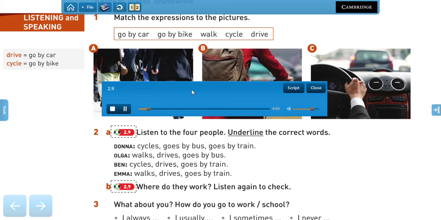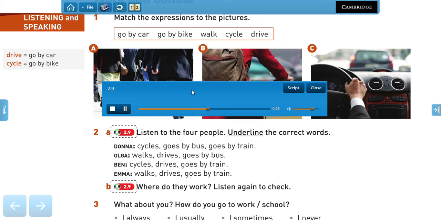Donna. I usually cycle to work. If the weather's bad, I go by bus. Sometimes I go by underground, but it's expensive. Olga. I live near my office, so I usually walk to work or I go by bus. I never drive.